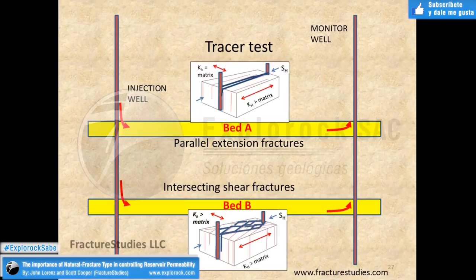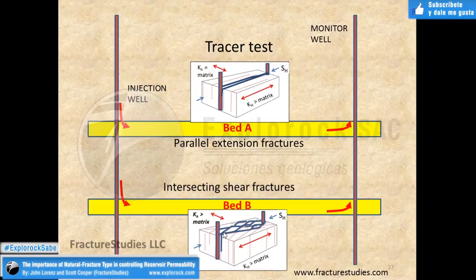From our conceptual model of bed B with these conjugate shears in there, there's a much more convoluted path for flow through fractures from one well to the monitoring well.